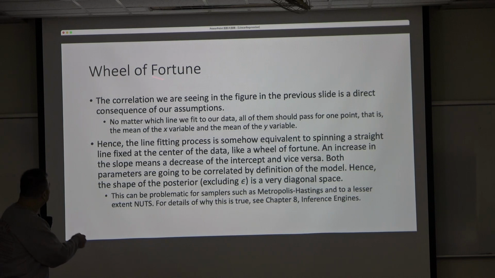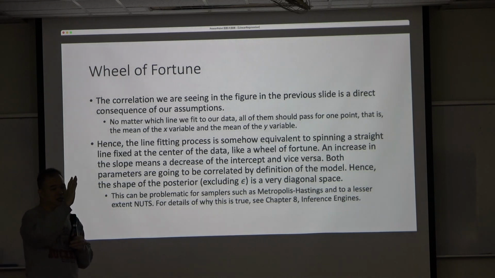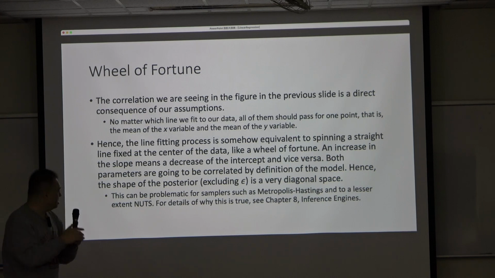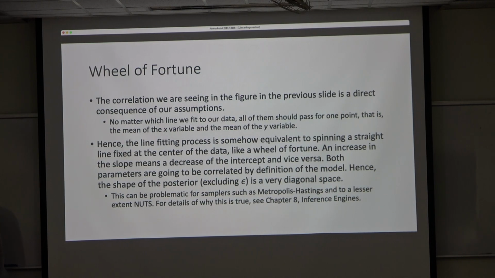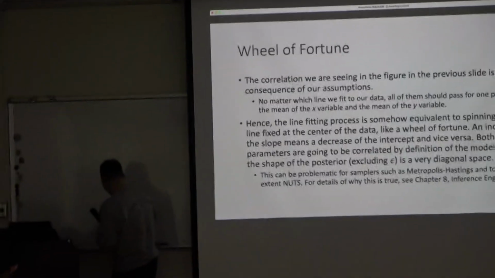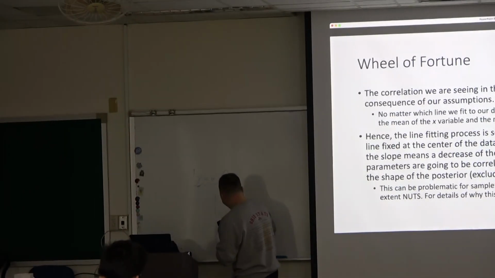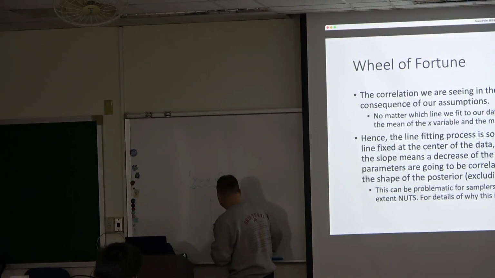The reason we call this a wheel of fortune is because it has to go through the mean, right? If this is the point of average x and average y, my bad drawing, sorry, then either you pass this way or this way.